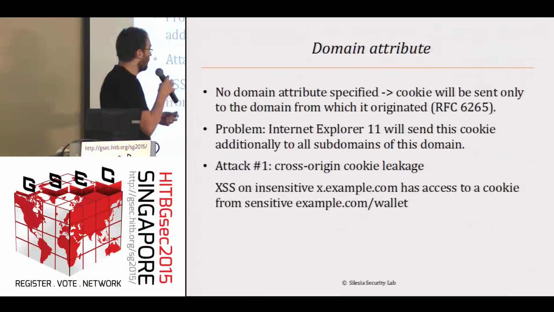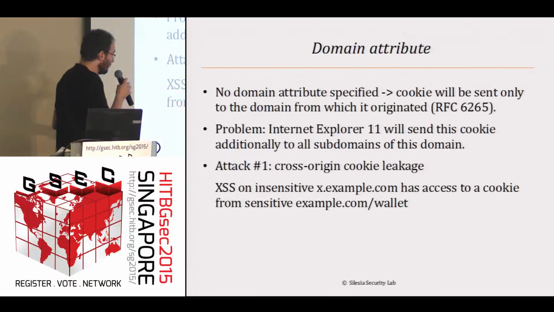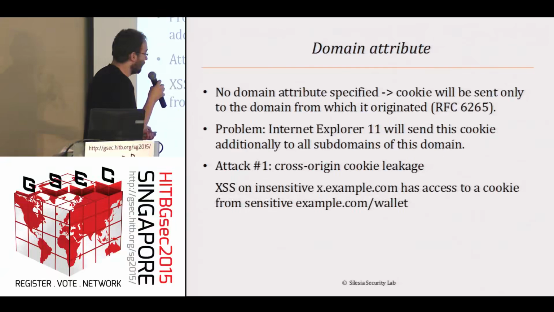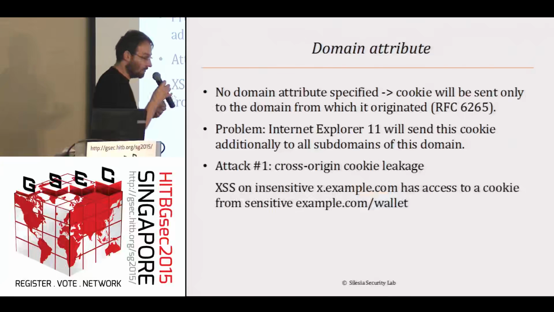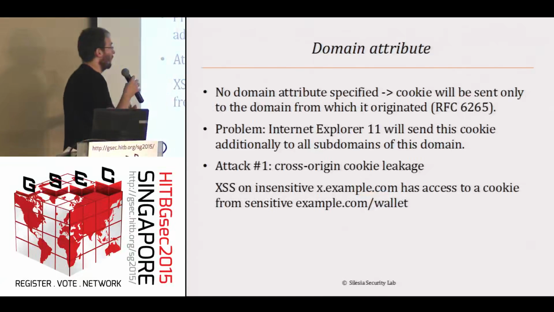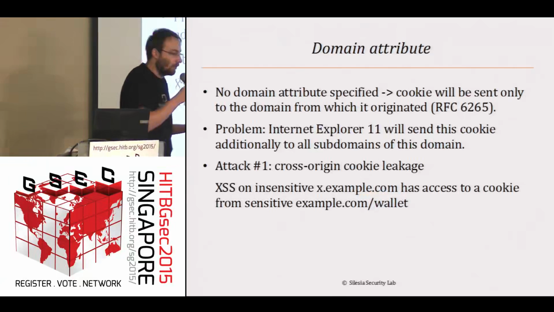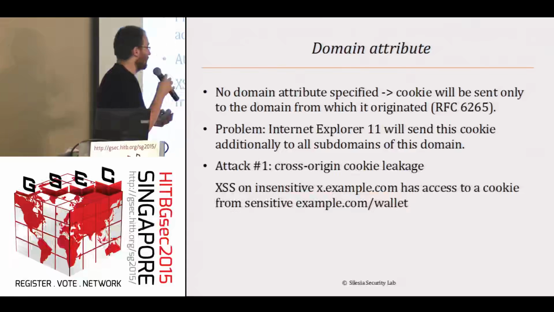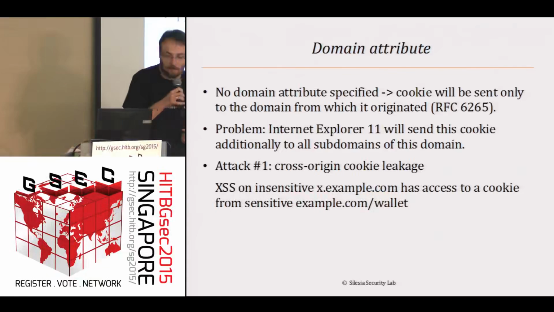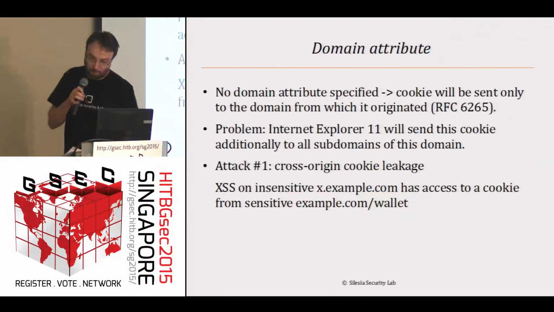So just to conclude, this was sensitive and normally if it worked fine, then XSS on a subdomain would not be able to get this cookie because there was no domain attribute specified. But because this is not supported or just not taken into account by Internet Explorer, it will be sent to other insensitive subdomains, and here is a very realistic attack scenario.